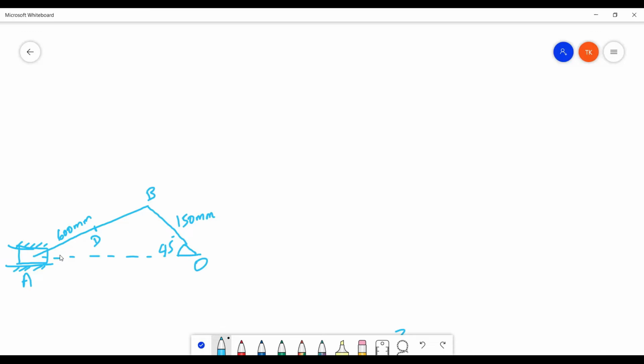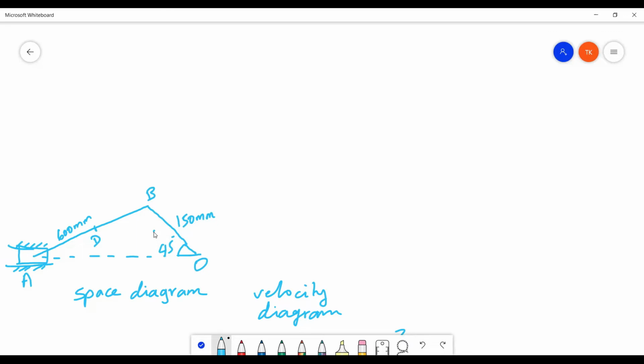First, we have to draw the velocity diagram in order to move to the acceleration diagram. Okay, so this is the space diagram. Now we'll go for the velocity diagram. So now we have already found the velocity of the crank.